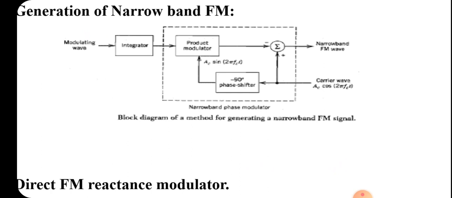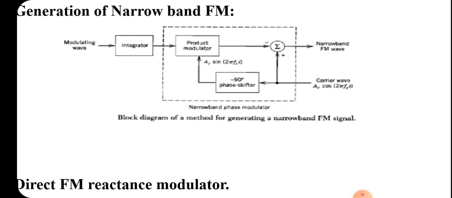The carrier signal is given to the minus 90-degree phase shifter, so the integrator receives the modulating wave and the phase shifter receives the carrier signal.